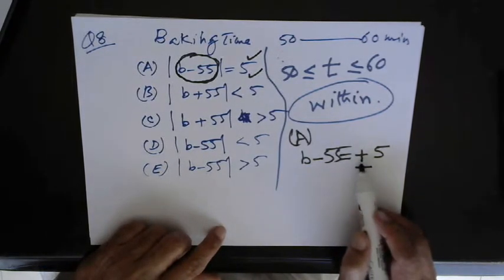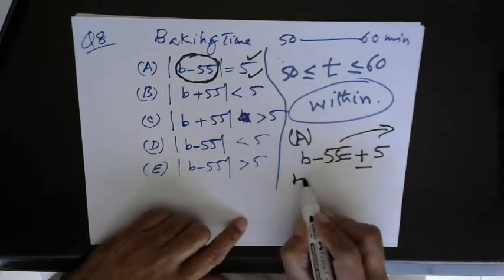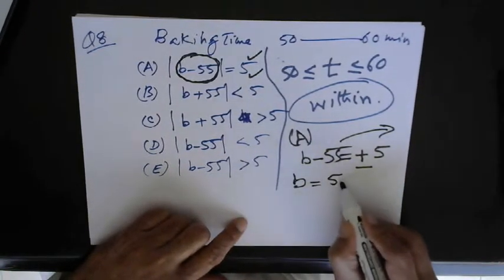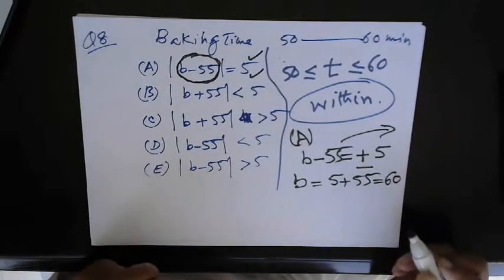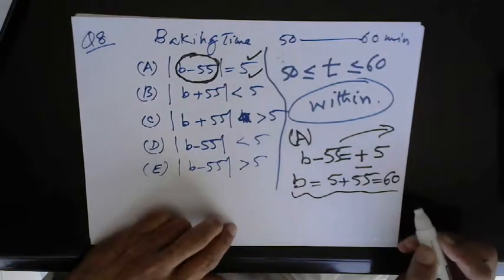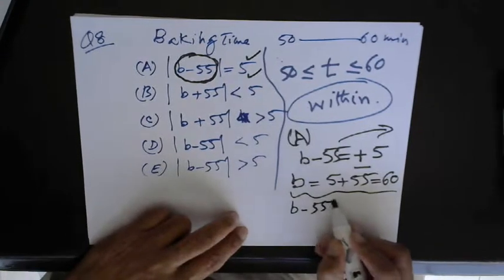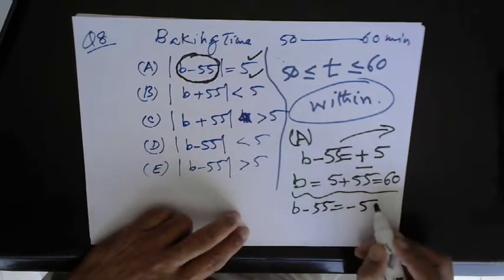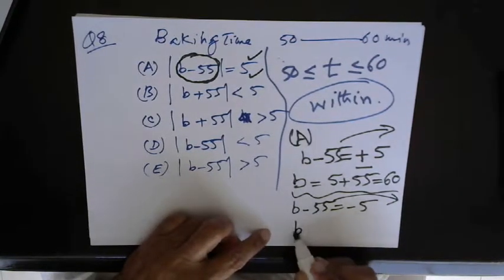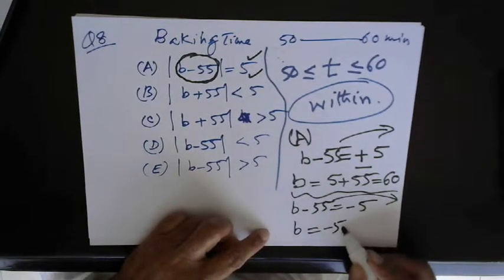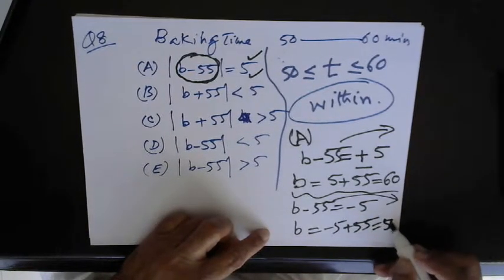If we take the plus value and transfer minus 55 on the other side, I will get B equal to 5 plus 55, and that will give me 60. And if I take the negative value, then I will have B minus 55 is equal to negative 5. If I transfer this to the other side, I will have B equal to minus 5 plus 55, and that will give me 50.